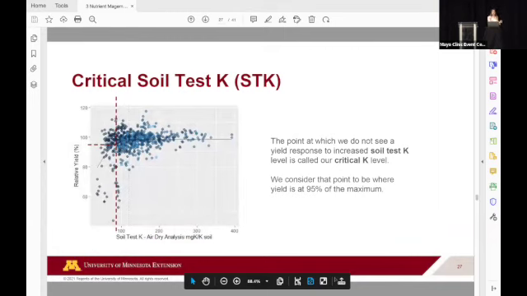Here's our relative yield on the y-axis and our soil test level on the x-axis. If we fit a curve, 95% is what we consider the critical point, the point at which we don't have a yield response.